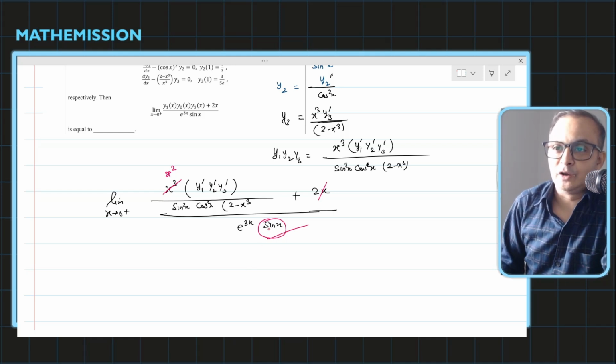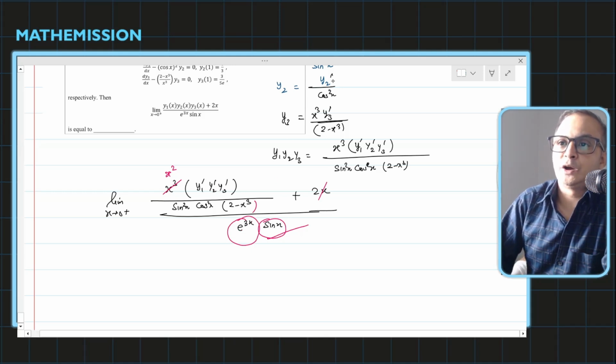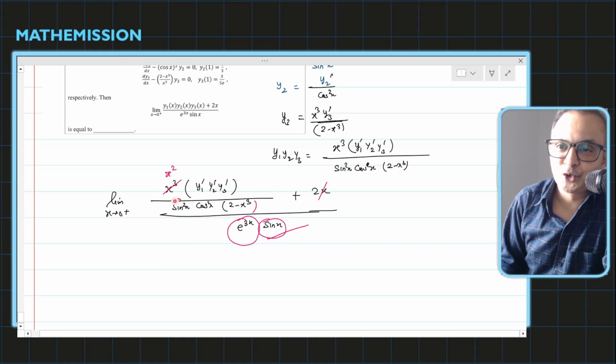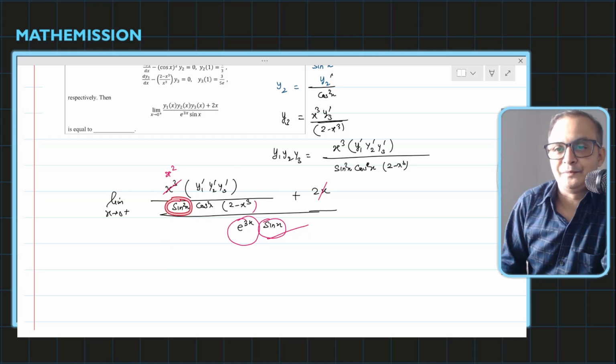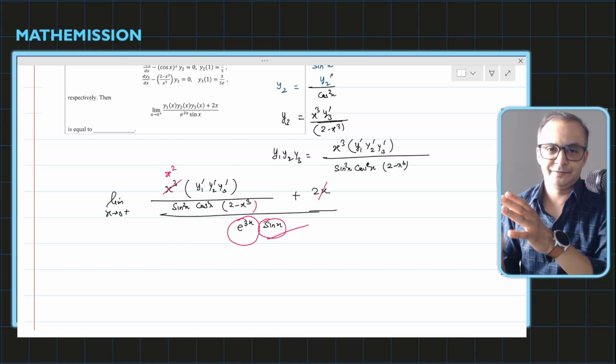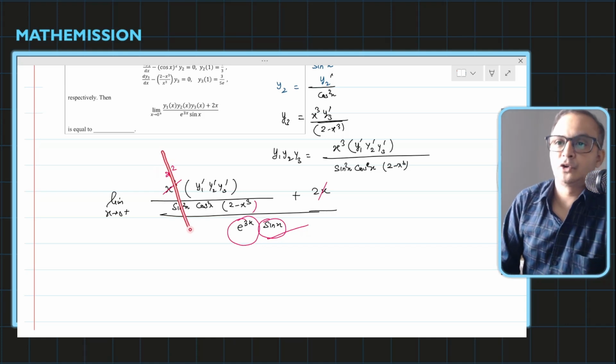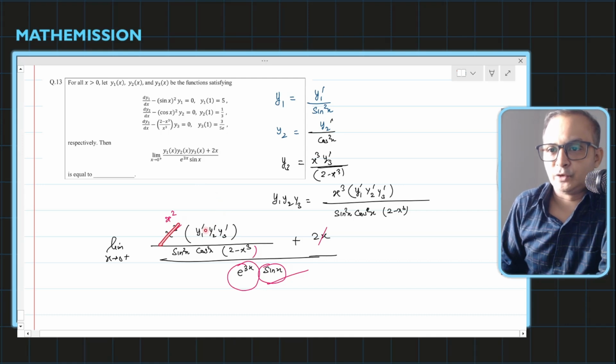And when this is gone, I can also take this gone, because e to the power 0 is 1, so it's not going to contribute. So these 2 are already gone. Now there are 2 sin square x here, means 2 sin x here, I mean to say, and here also x square. So these 2 together also gone, and now I am left with only this part and this part, correct?